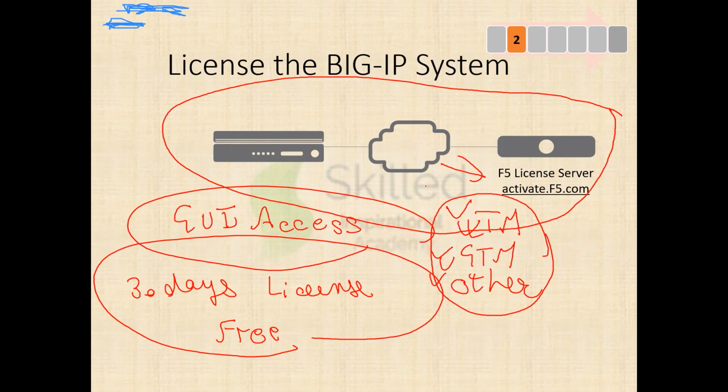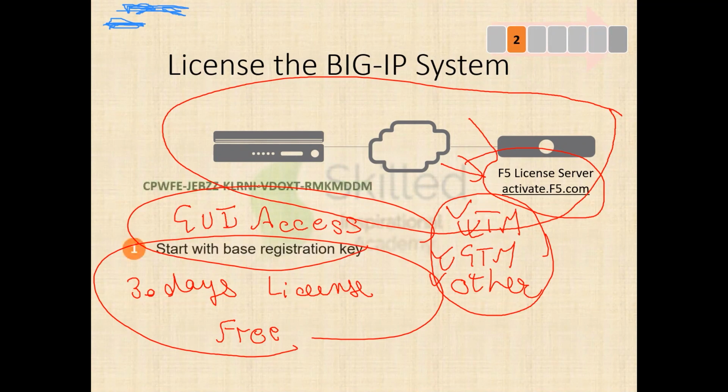So once you get the license, you need to go to the F5 license server, activate.f5.com, where you need to paste the key. You will get this key in your email. You can start with your base registration key.